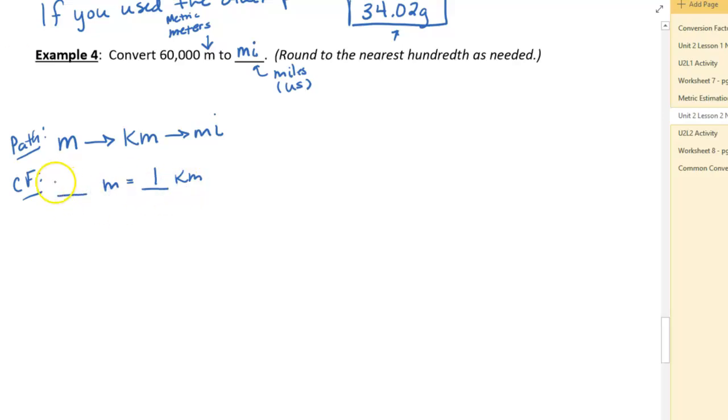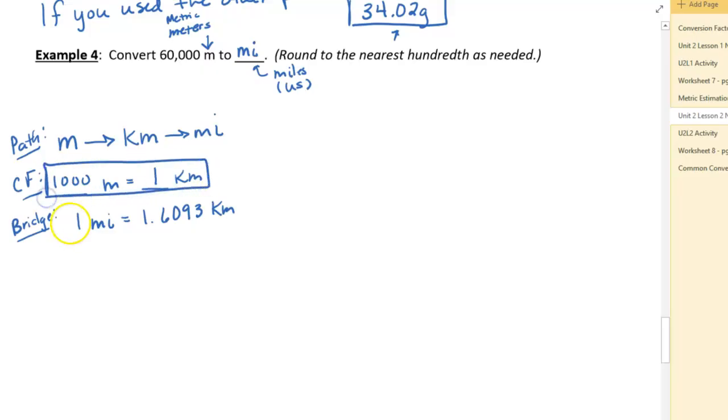It's 3 spaces away from meters, so it gets 1,000. Then I'm going to use that bridge conversion factor from the front, which tells us that 1 mile is equal to 1.6093 kilometers. So those are our 2 conversion factors.